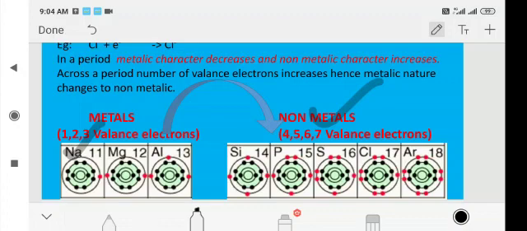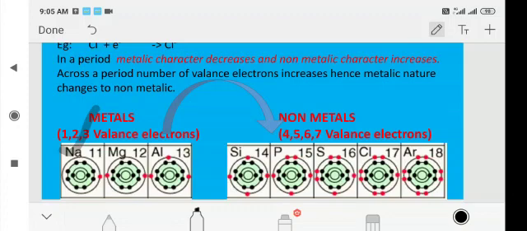So if somebody asks you which is more metallic and which is less metallic, the simple and best answer is that sodium is the most metallic element here, because it needs to donate 1 electron. The atom which can readily and immediately donate an electron will be considered the most metallic. Since sodium has only 1 electron, it can easily donate it and become stable.